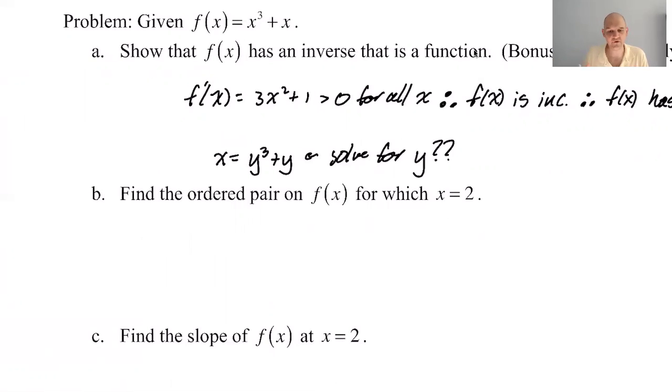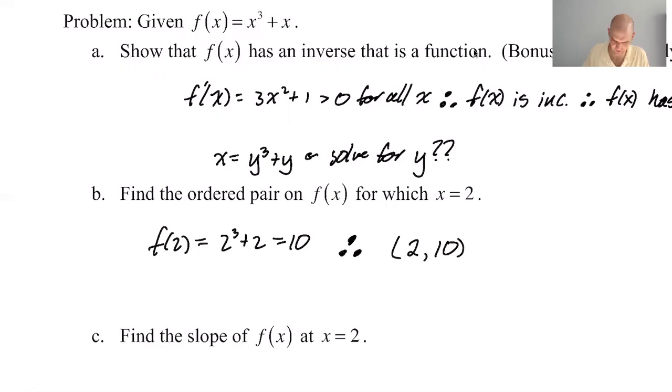Find the ordered pair on f of x for which x equals 2. Algebra 1 question: f of 2 is going to be 2 cubed plus 2, so 10. Therefore, the ordered pair is 2, 10. So the point (2, 10) is on f of x. That's giving us an a and a b from the previous thing.